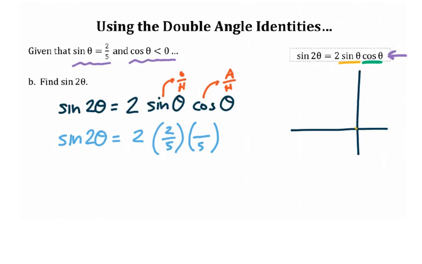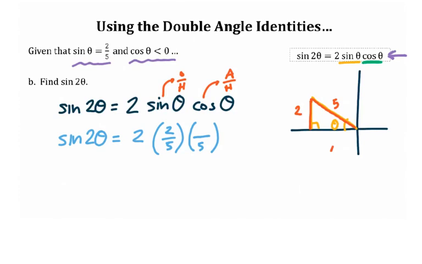So far, we know that given this right triangle in quadrant 2, the sine ratio for theta is equal to 2 over 5, which tells me that the side opposite from theta, which is this side here, measures 2 units, and the hypotenuse, which is always across from the 90-degree angle, measures 5 units.